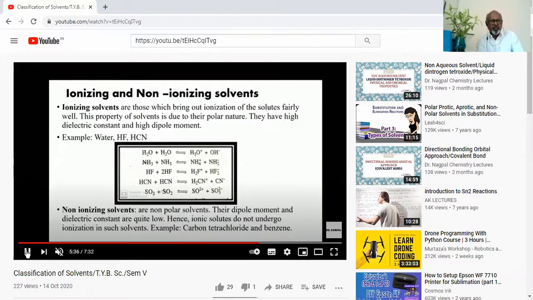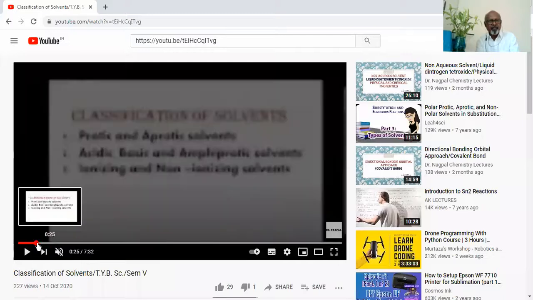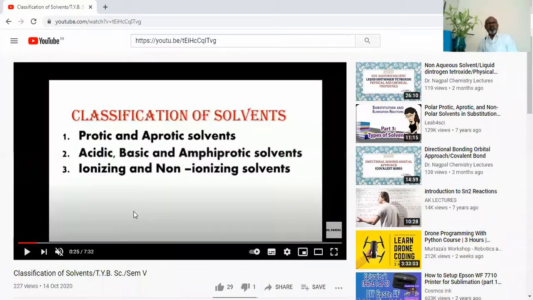So, we have seen that there are three different classes that we have studied. These are the protic and aprotic solvents, where we studied the donation of protons and the acceptance of protons, that is the H plus ion.